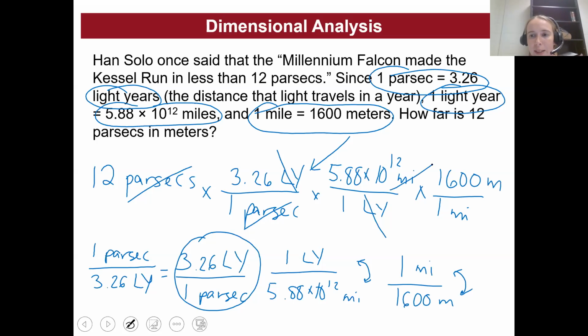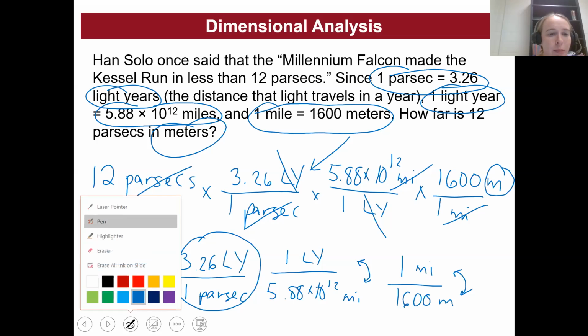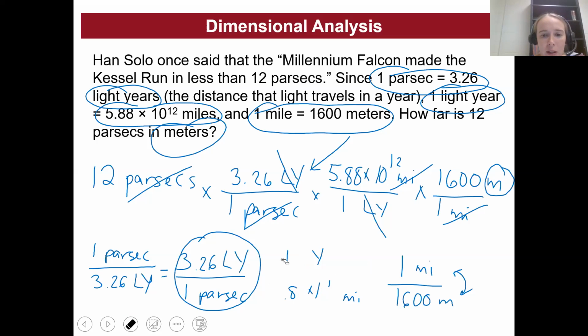So now miles cancel out, and we end up with meters as our unit. And that's the unit that we want in our answer. So we did it. So now we just have to plug this into our calculator. Okay, so let me erase down here. You can always pause and go back to that part of the video if I went too fast.